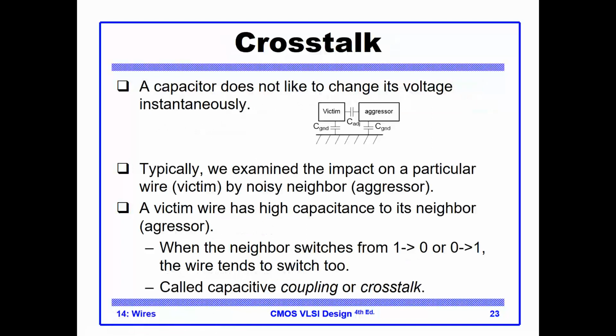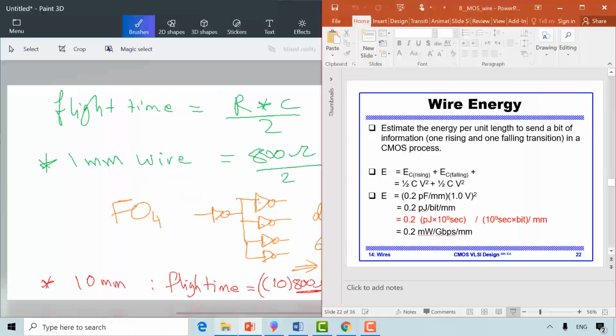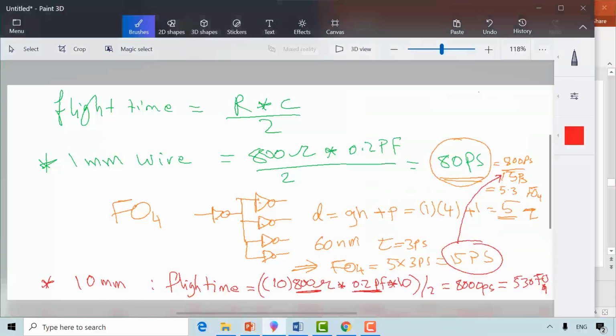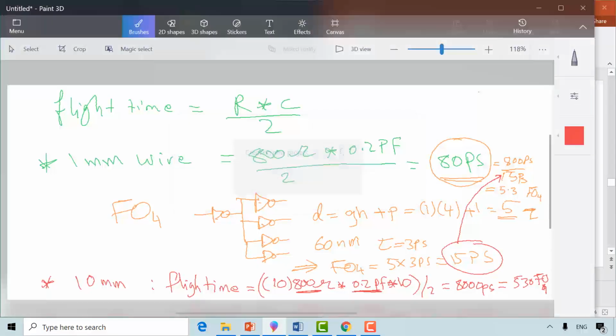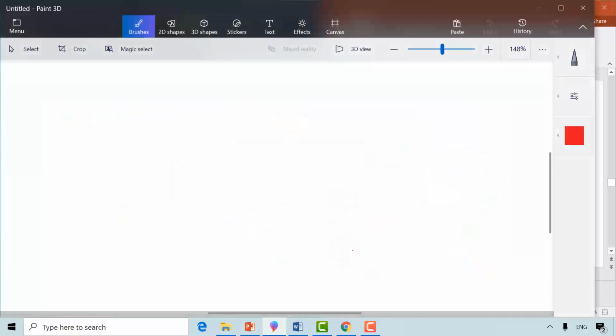Then the next topic that we are going to discuss is crosstalk, and let's use some whiteboard discussion. In terms of crosstalk, we need to differentiate between the wires.